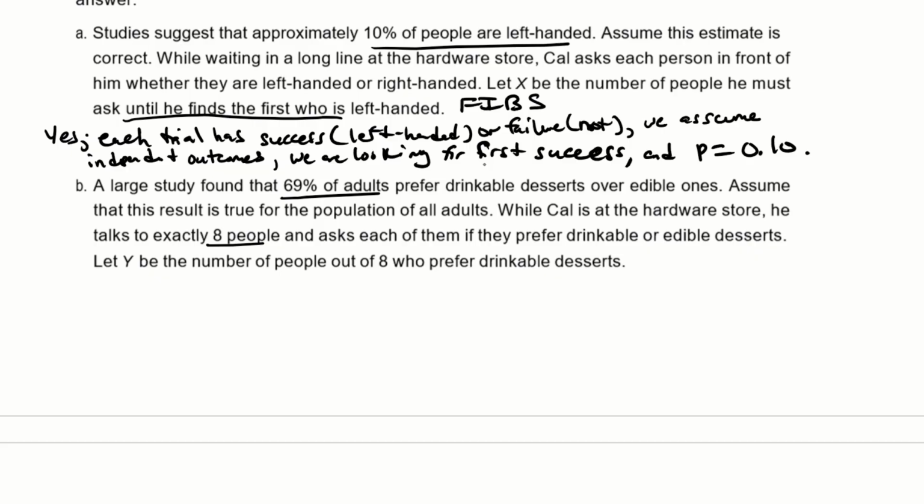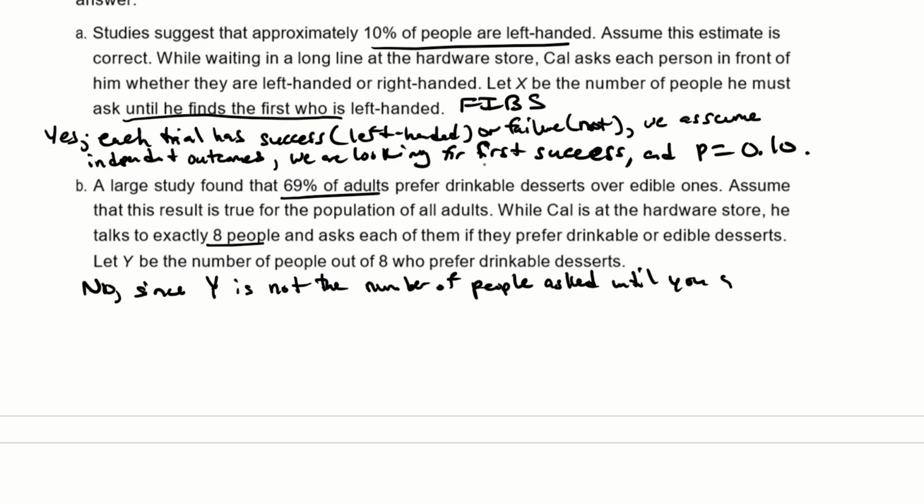So no, since y is not the number of people asked until you get the first success, or first person who prefers drinkable desserts.